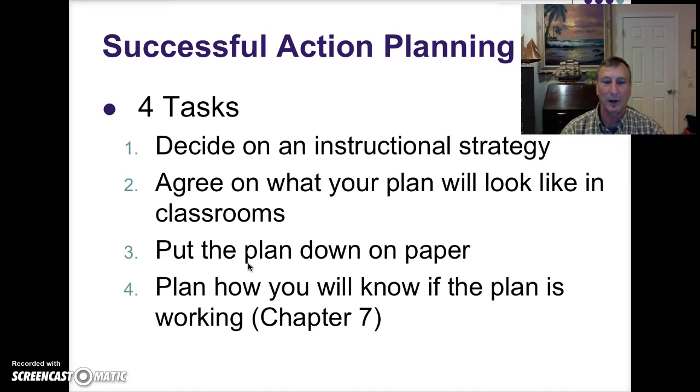This is part of the issue, is that when you get together with your team and you put the plan down on paper, everybody starts realizing, oh, I guess that means me, or that means my class, or that means our grade.